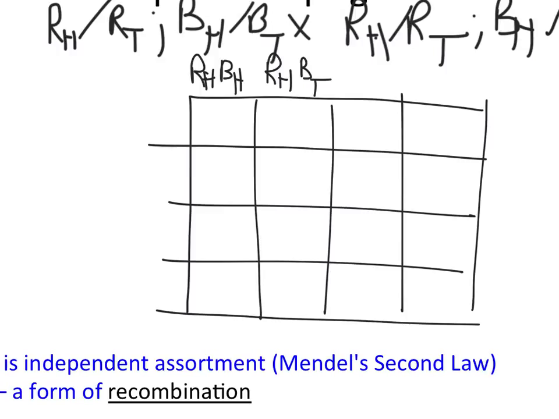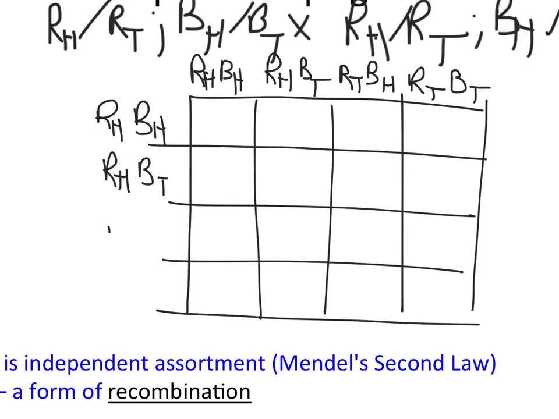So we've got his 4 possible outcomes. Red tails with blue heads and red tails, blue, what's left? Blue tails. And the exact same things, because we're crossing individuals with the same genotypes, go down this side.